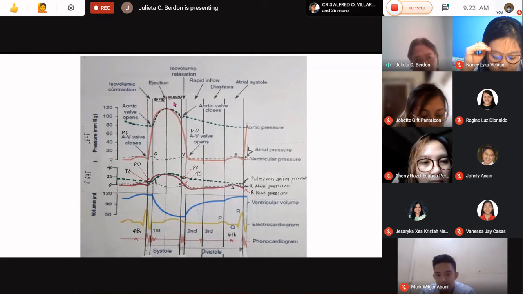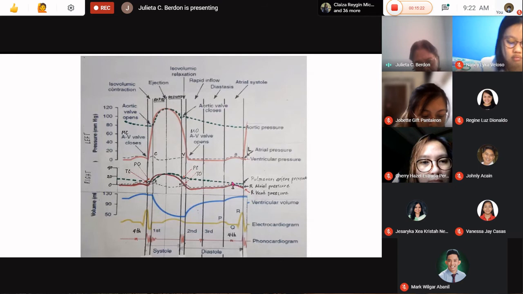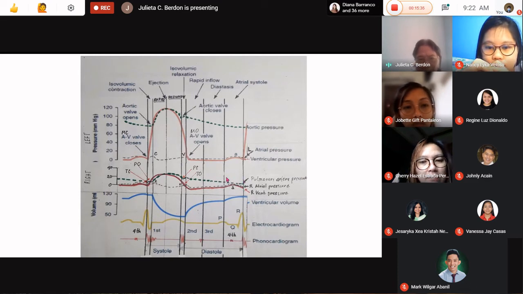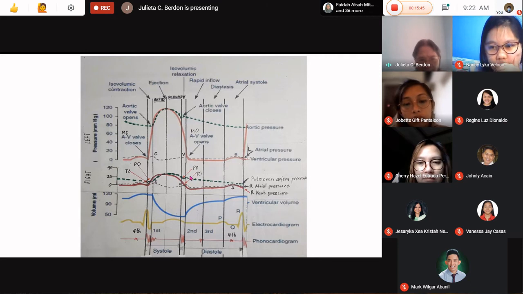Another thing, this one also is not found in your Guyton, and most books of physiology do not include this. But there was one book, I cannot remember where I got it, that included this one, and I think it's very useful later. So let me introduce my diagram. I gave this to you in my slides. So let's just introduce it.